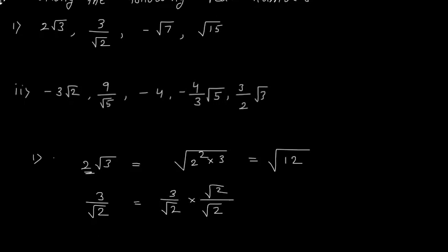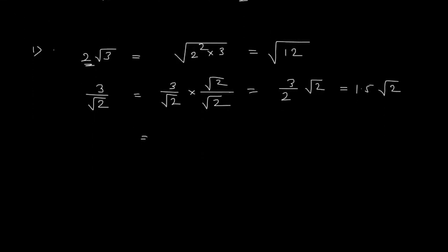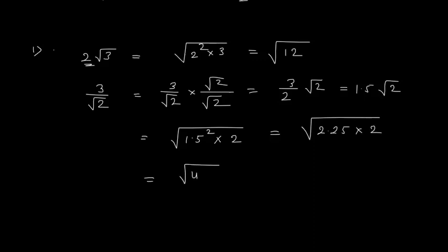I am rationalizing it, so this becomes 3 upon 2 into root 2. Now this 3 upon 2 is 1.5 into root 2. Now when this 1.5 goes inside the square root, it becomes 1.5 square into 2. So 1.5 square is 2.25 into 2, and this becomes square root of 4.5.